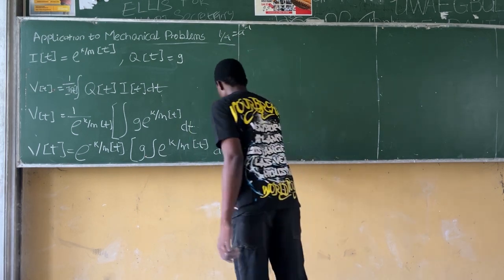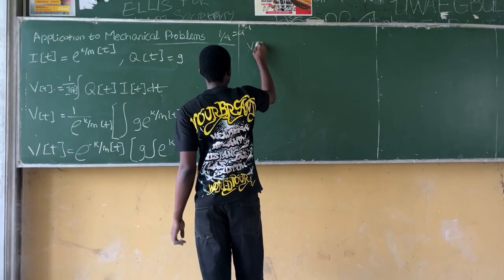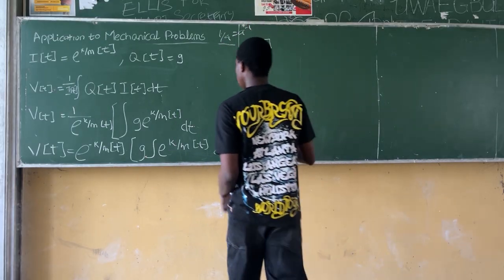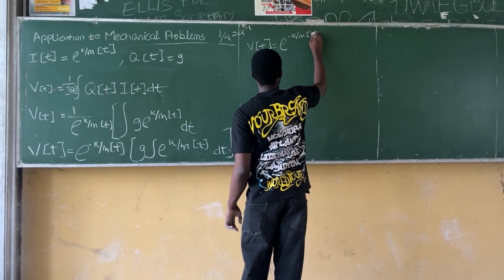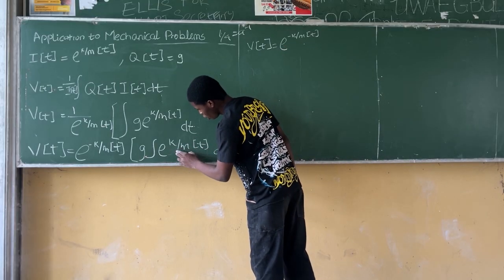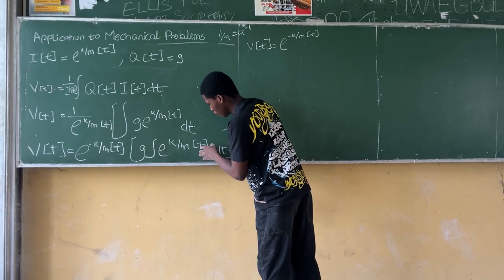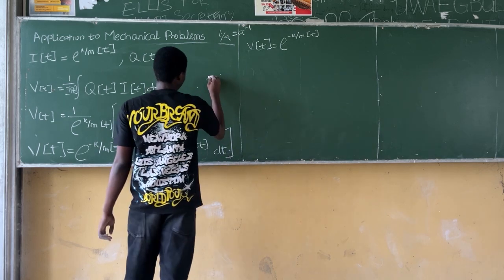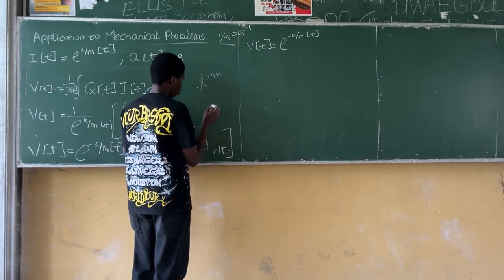So now we'll be working on this in the bracket. So this is v of t. V of t is equal to e to the minus k divided by m t. Whereby if you integrate this, it will be e raised to power k over m multiplied by t, all divided by k over m. It's simply, if you have a number like integrating e to the 4x, it will be the same thing as earlier stated in older videos.